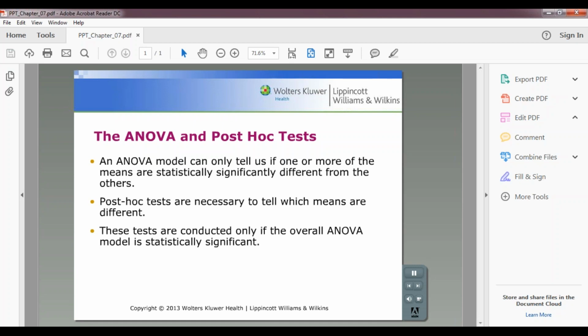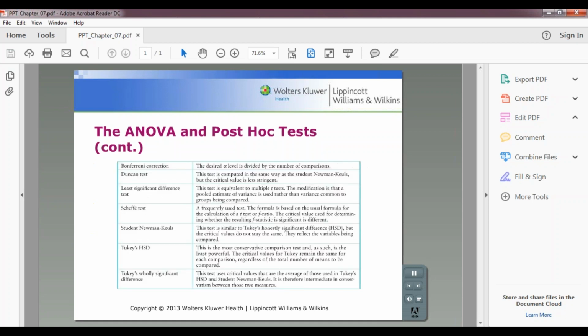The post hoc will come in after the fact and do another set of analysis and look at the groups individually, as in pairs, to determine: was it groups 1 and 2 that were different, or was it groups 1 and 3 that were different from one another? And then it won't look at it as a whole.